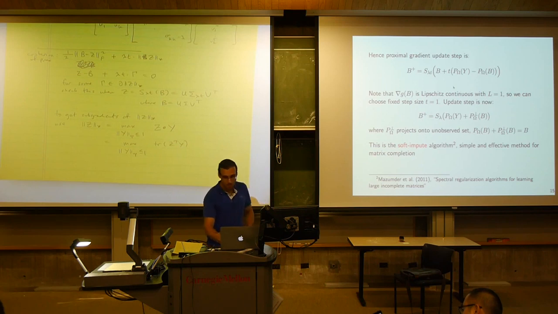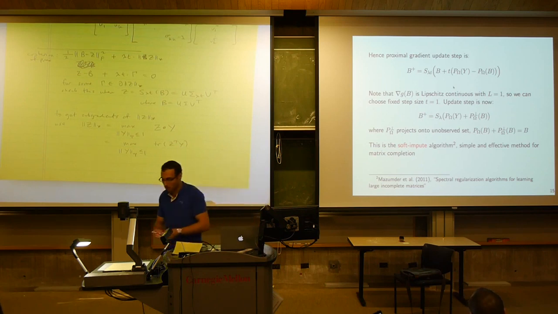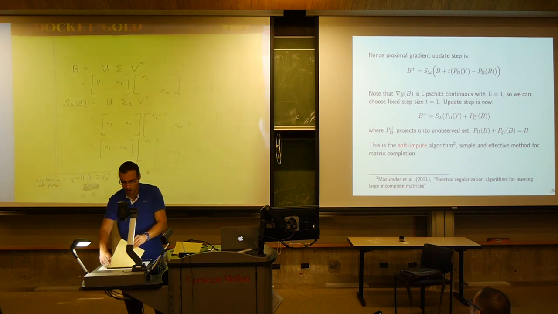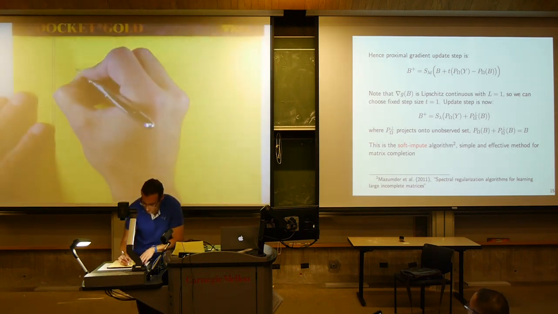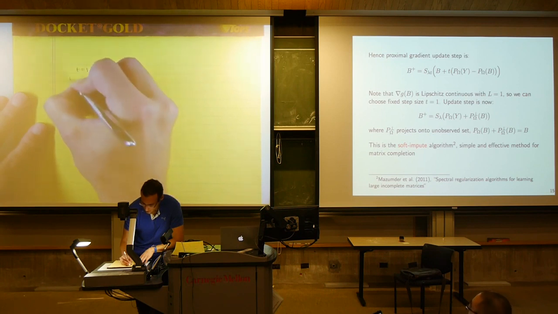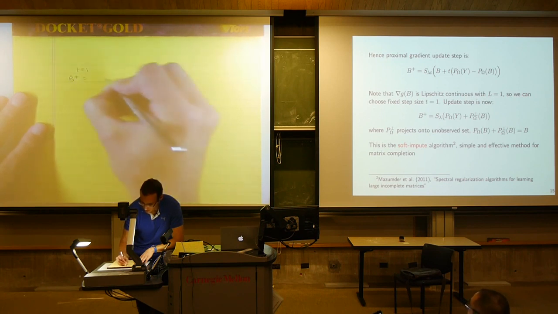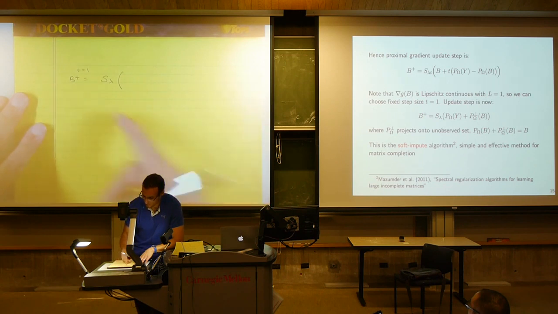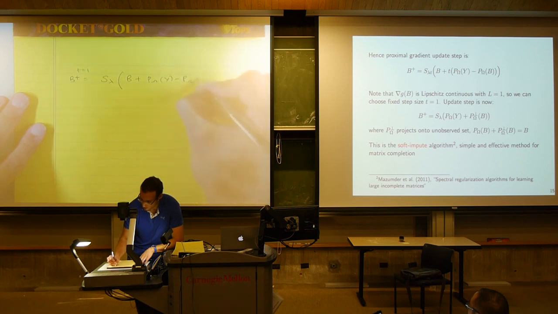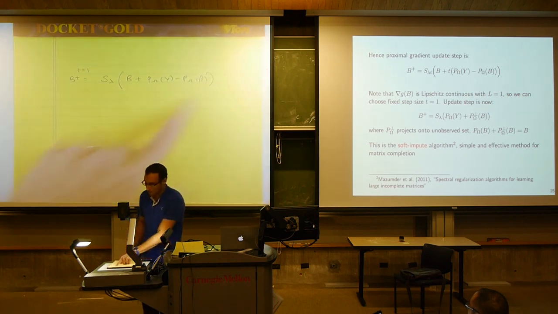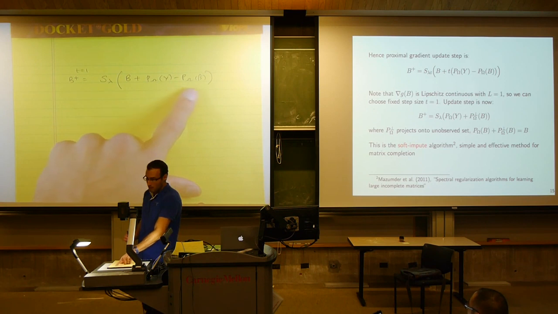We get B plus the projection of y onto the observed set minus the projection of B onto the observed set. So when t equals 1, our updates look like this: soft threshold at the level lambda, because it's usually lambda times t, of B plus P omega of y minus P omega of B. And look at this, B minus P omega of B. That's just giving us everything on the unobserved set, right?